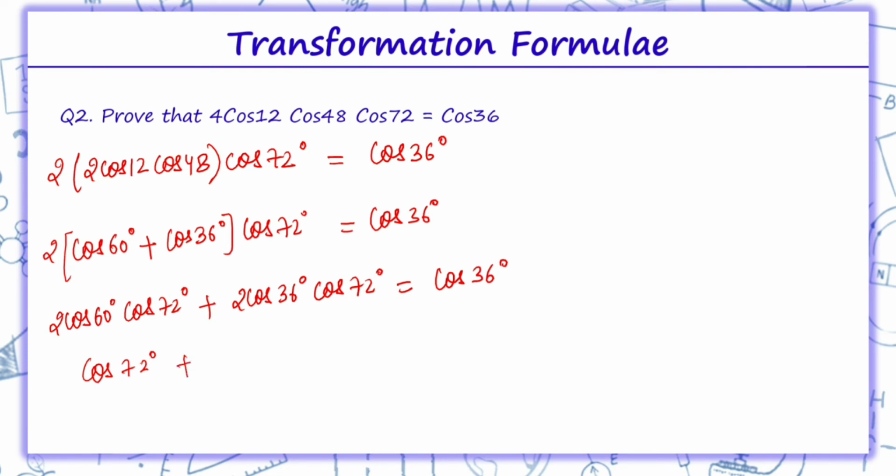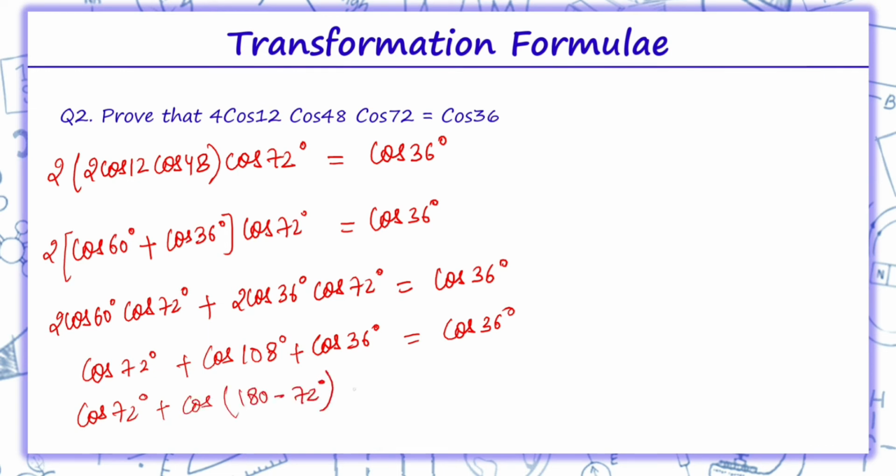Here we will again apply the identity. On applying the identity, we will get cos of A plus B, that is 36 plus 72, which is 108 degree, and 72 minus 36 gives cos 36. This 108 degree, as we have studied in part 2, can be written as cos of 180 minus 72 degree, that is cos of 180 minus theta.